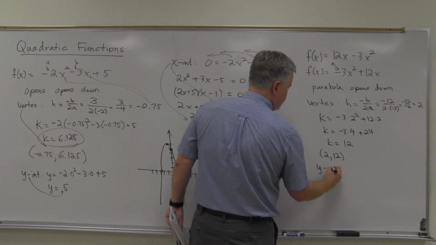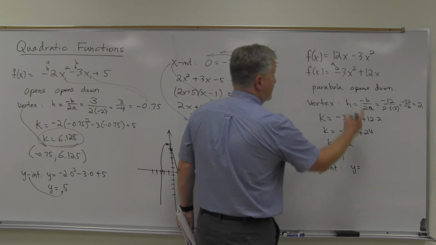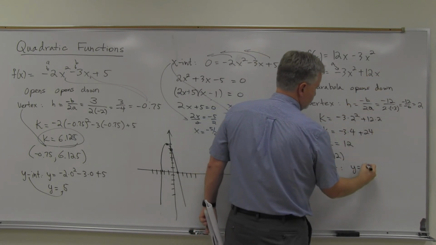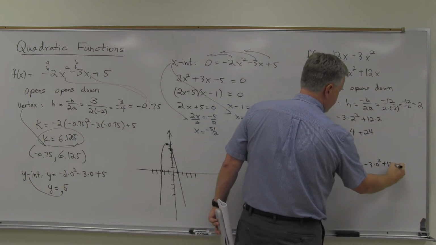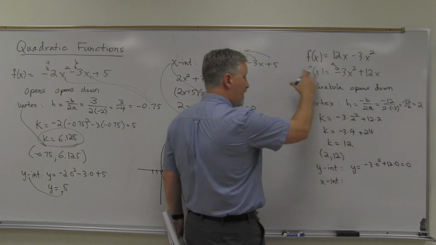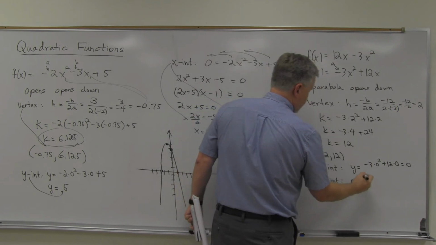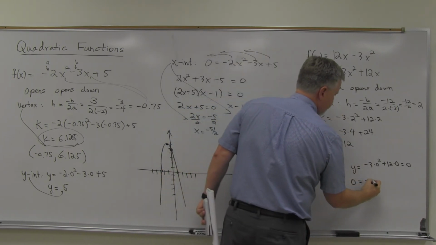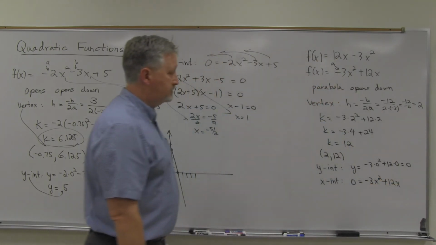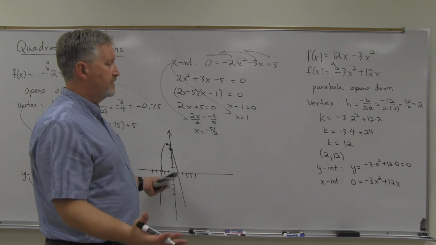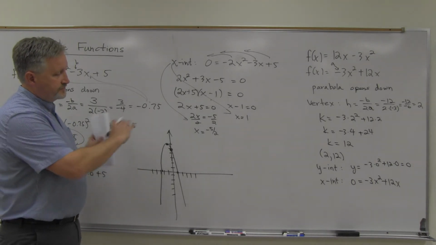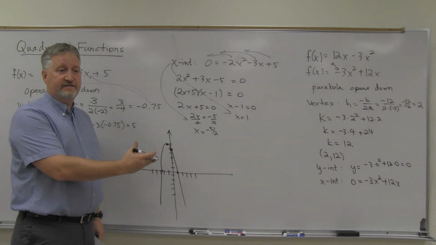My y-intercept, easy enough. Plug in x to be 0, and so y is 0. The x-intercept, well, you let y be 0, f of x be 0, so 0 equals negative 3x squared plus 12x. This one we do factoring, but it's not the two-binomial factoring because this has a common factor, doesn't it?